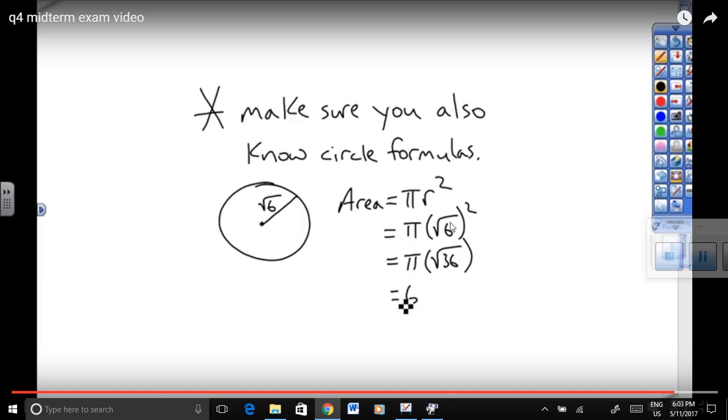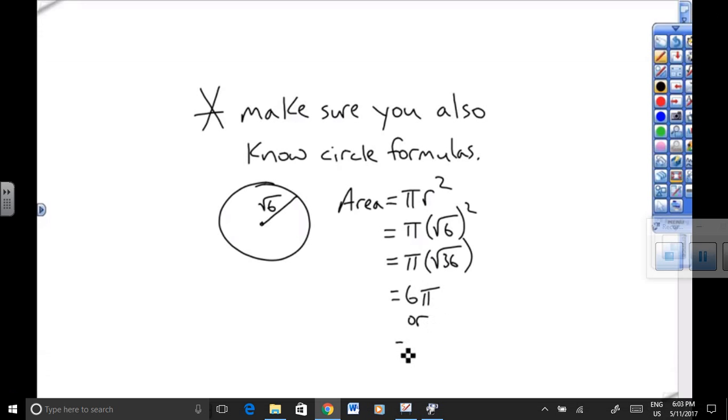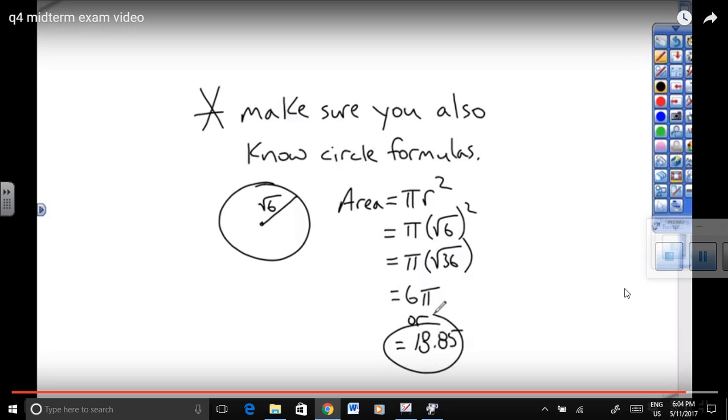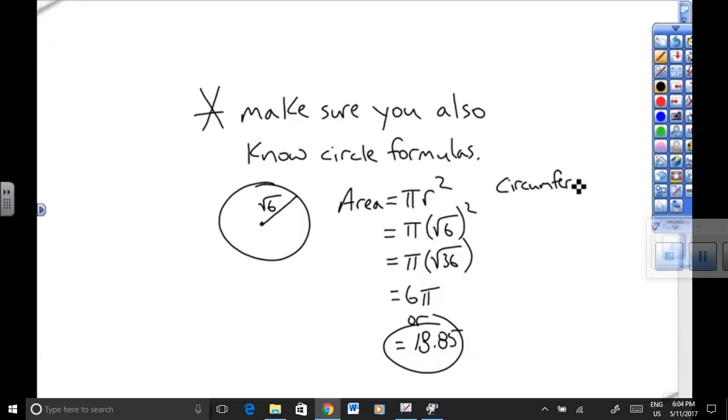Anytime you square something square rooted, those cancel and leave you just the number out front. If I type that in my calculator, 6 times the pi symbol gives me 18.85 rounded. Circumference is 2 pi r.